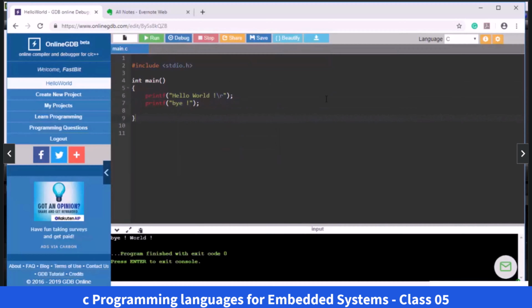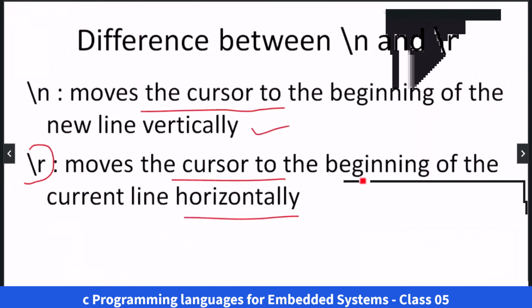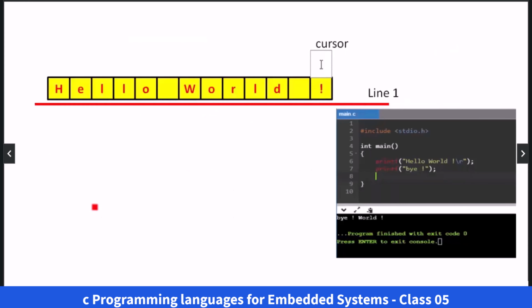Let's run this code. And here it is. You can see that it is just printing the word bye. Let's analyze what's happening here. Remember that \r moves the cursor to the beginning of the current line horizontally. When we execute the first printf, the output will be hello world and the cursor will be at the last character, on line 1.